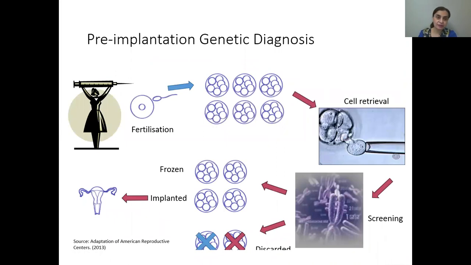So at present, the technology that's available is not used to design a baby by selecting specific characteristics that the child will have, but rather it allows parents to choose between available embryos based on the genetic profile of each embryo.